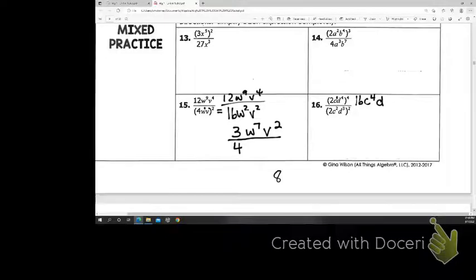D, 4 times 4, so 16. So remember power rule, it's kind of a little bit like distributing because every part of that monomial gets raised to the power. And then on the bottom, 2 to the 2nd is 4. And then C, 2 times 2 is 4. D, 3 times 2 is 6.